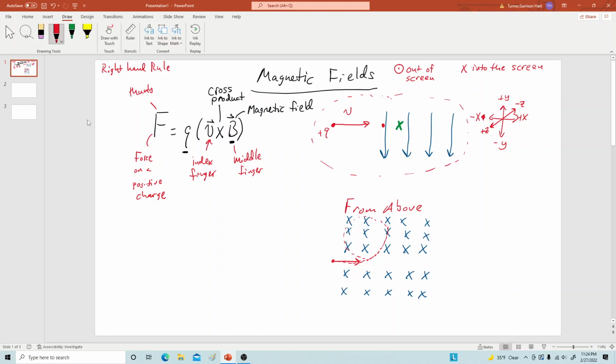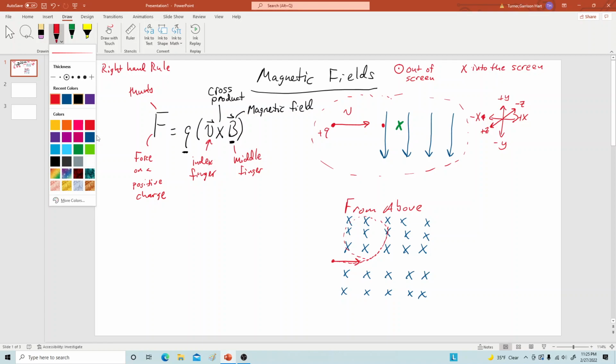Now, its speed will not change. Okay, the magnetic field will not change the particle's speed, let me be clear, but it will continually change the direction.